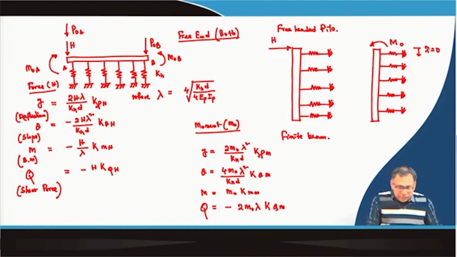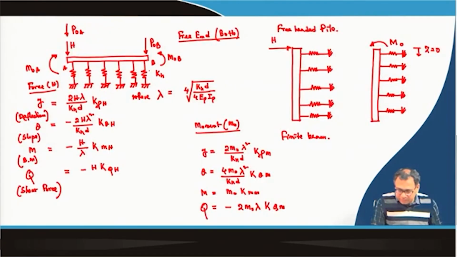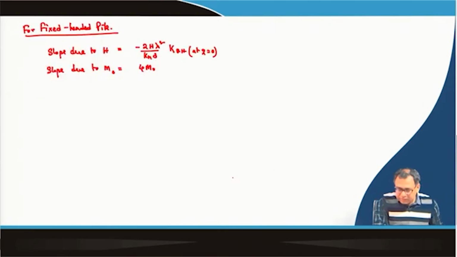This is the slope due to H. Now, the slope due to M0 is equal to 4 M0 lambda square by k h d, k theta m at z equal to 0.